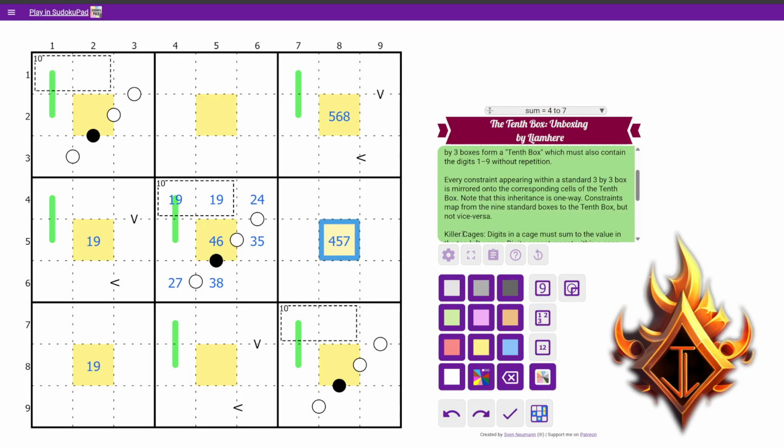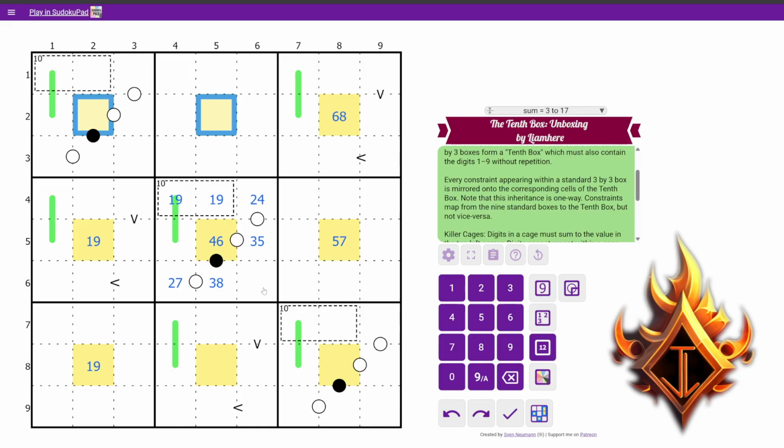This can't be 4 anymore, can it? So this cannot be 5. 5 cannot be there because of the 10. Can't be there because of the dot. It can't be there because of the dot.